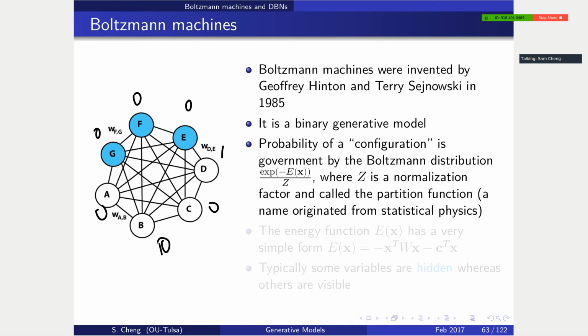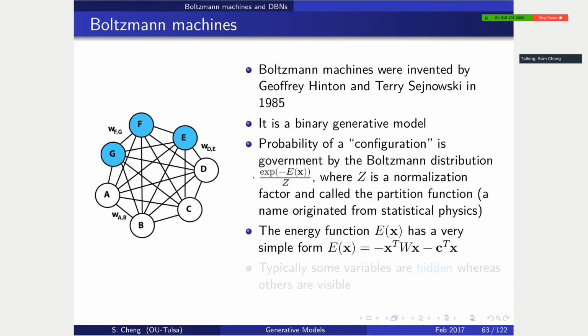Basically, it's governed by a Boltzmann distribution. So you have an exponentially smaller probability as the energy increases. In that sense, you want to go into the lowest energy state, and the energy function is simply linear like this.